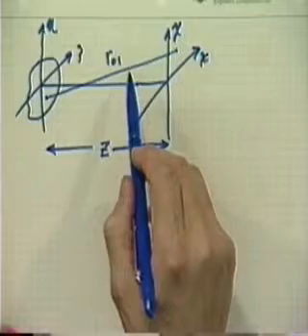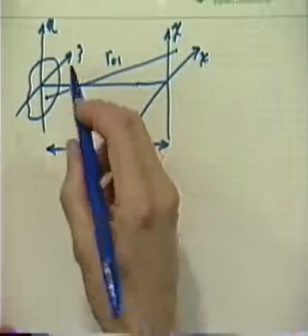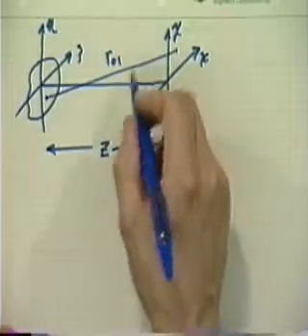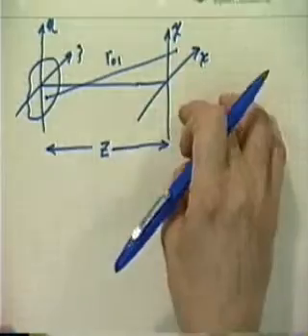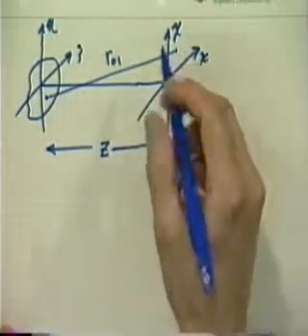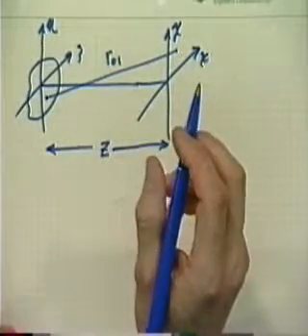Instead of thinking of spherical waves leaving this aperture, we're going to assume that we're far enough away here and a small enough region over here that we can assume that these spherical waves are really parabolic waves.